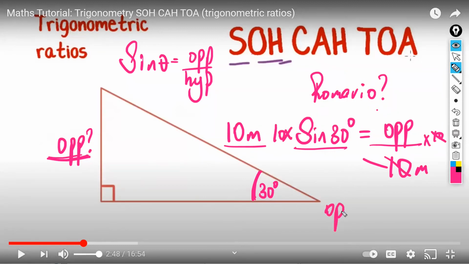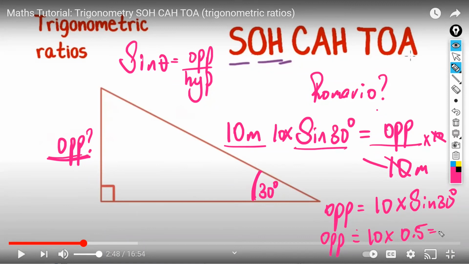So the opposite side is going to be equal to 10 times sine 30. And sine 30 is 0.5, guys. So the opposite side in this case is going to be 10 times 0.5, which is just 5 meters. So we found the opposite side, which is 5 meters, because we multiplied the 10 by sine 30.